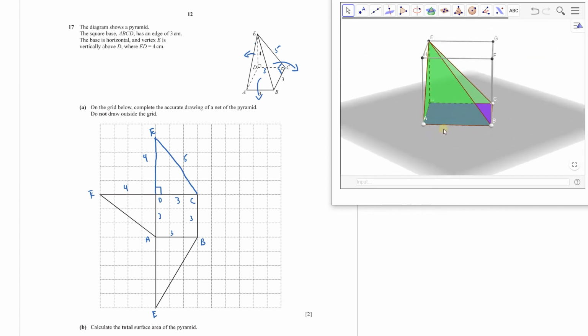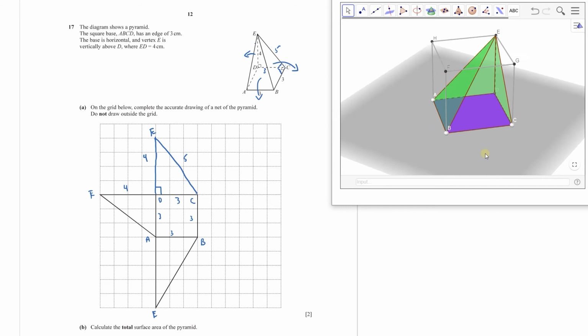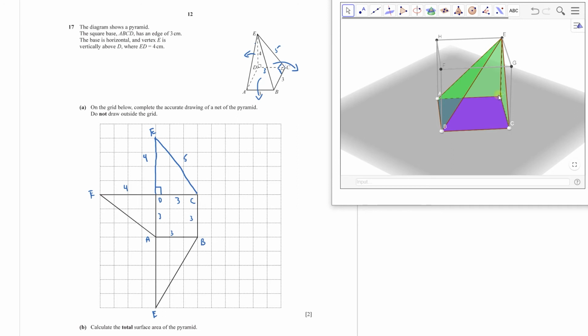So this is the orientation in which the diagram is shown. So now how did I conclude that this is a 90° angle? Because E is directly above D. So that means this line here will go straight up towards this point E, which is above this point D. If E was in the center here, right above the center, this line would have made an angle which was less than 90 degrees because it would have gone somewhat in this direction.